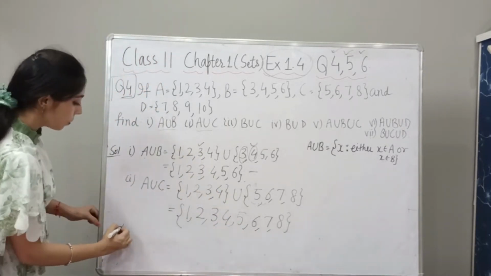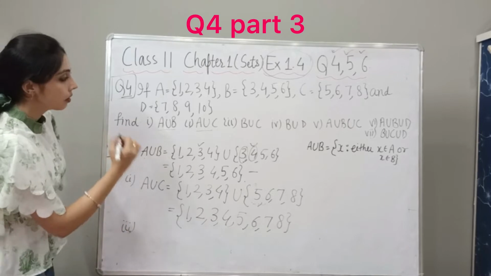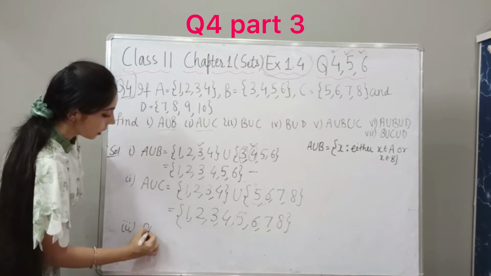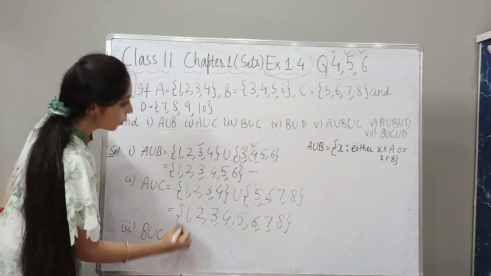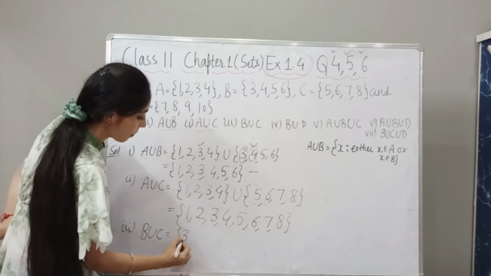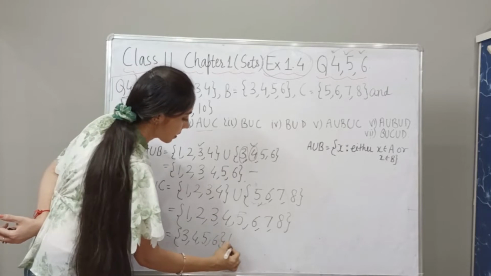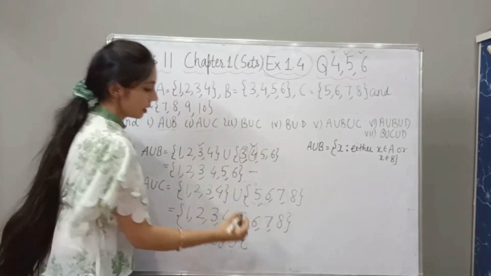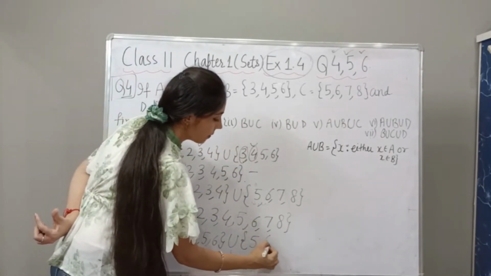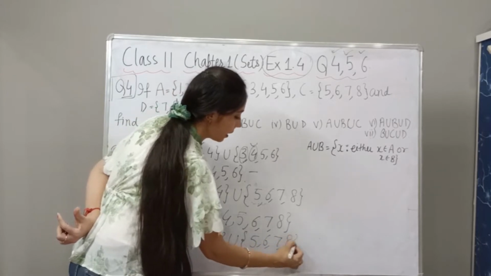Okay, so let's discuss the third part, which is B union C. First of all, you must know what is B. B is this set {3, 4, 5, 6}. And what is C? C is {5, 6, 7, 8}.